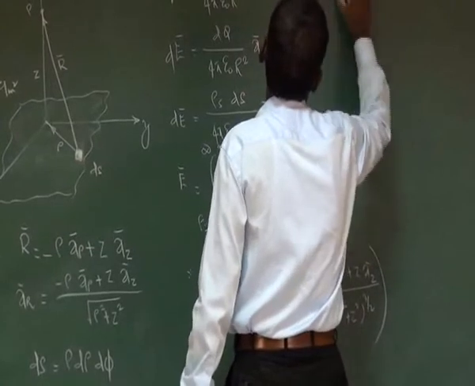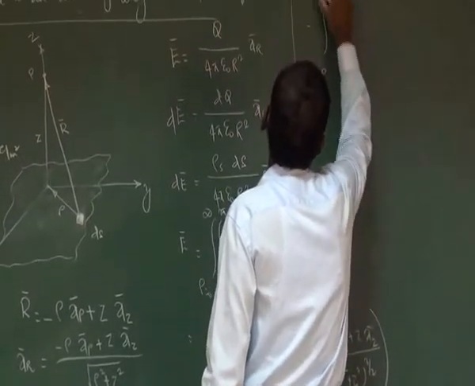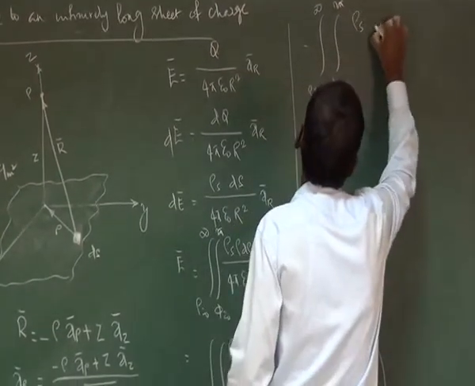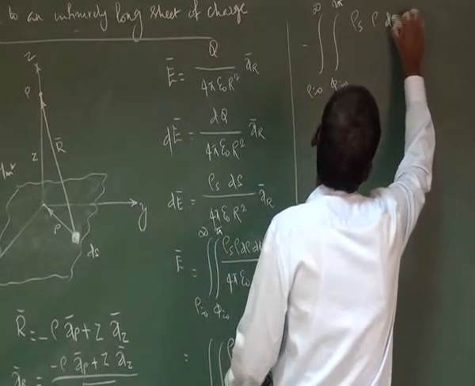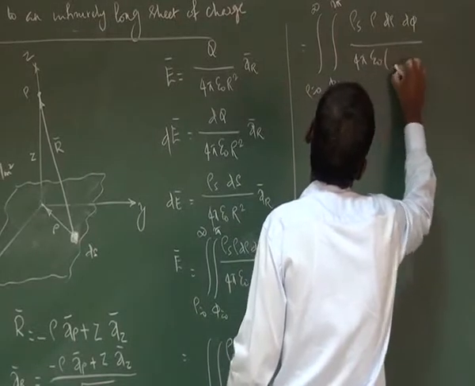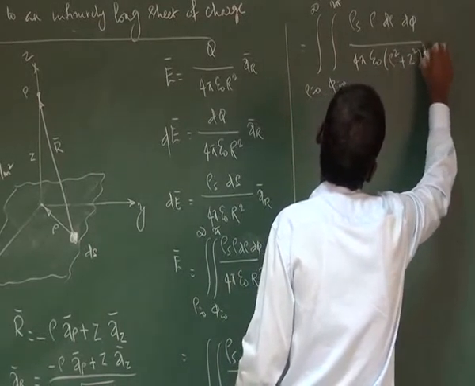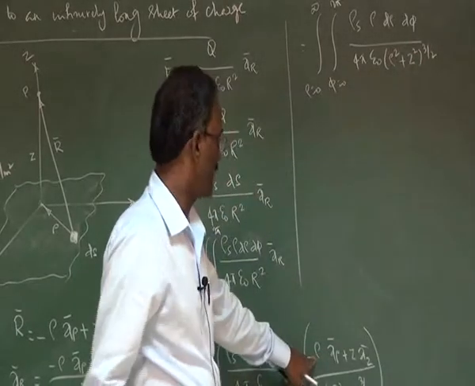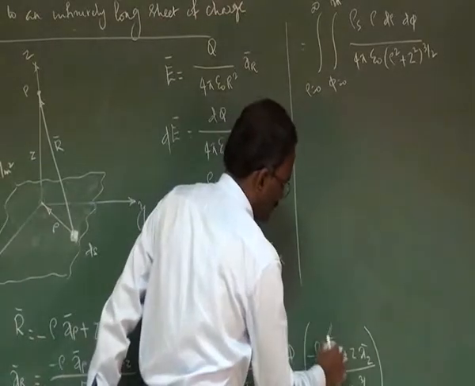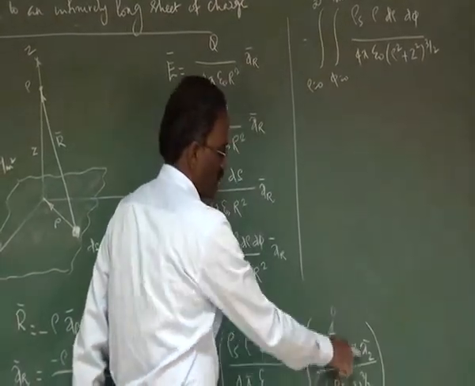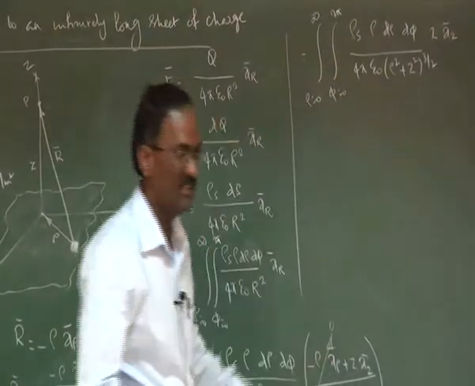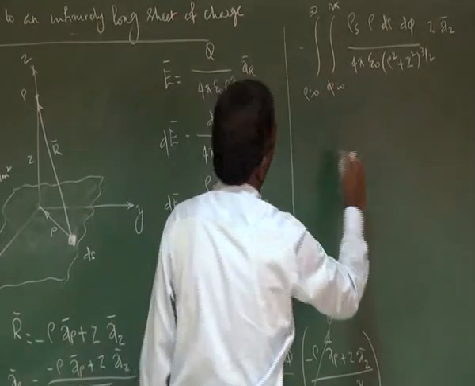Is equal to again double integral rho is equal to 0 to infinity, phi is equal to 0 to 2 pi, rho s rho d rho d phi divided by 4 pi epsilon o rho square plus z square power 3 by 2. Again, due to the symmetry of this sheet of charge, these rho components will not be present in my next step, only I will have Z a Z. Due to symmetry, they all cancel each other, so Z a Z only present.